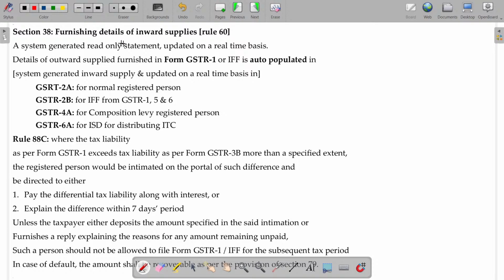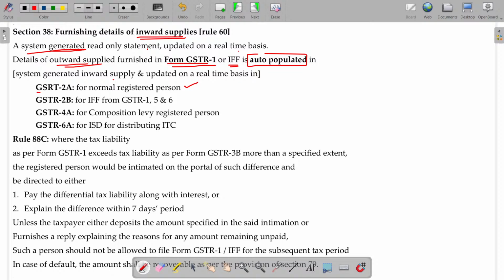Right. Furnishing details of inward supplies is a system generated read only statement updated on a real time basis. Once the outward supply is updated, the very next moment it is available in your GSTR-2A or 2B or 4A or 4B, 6A as the case may be. Details of outward supply furnished in form GSTR-1 or IFF is auto populated by the registered person.